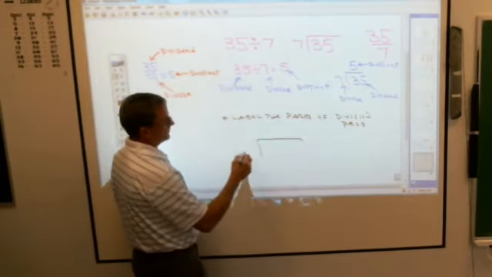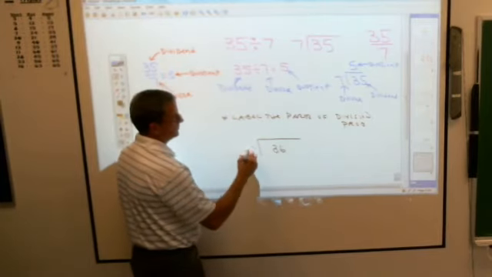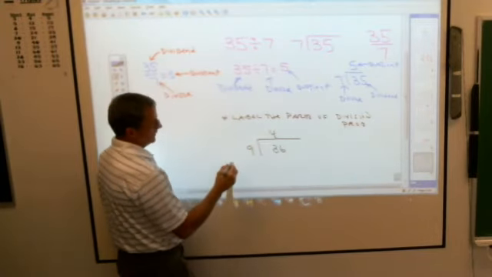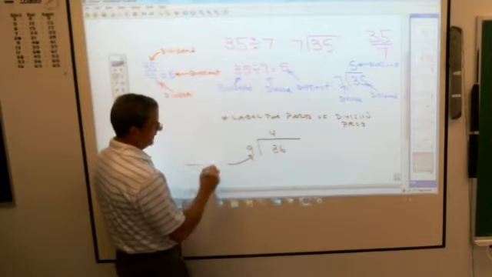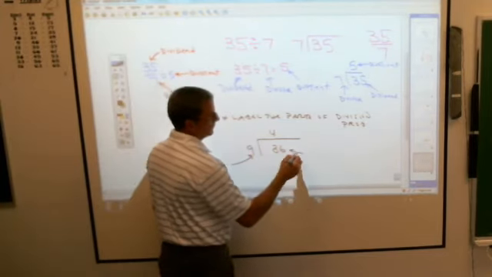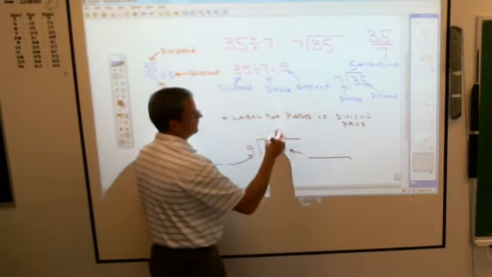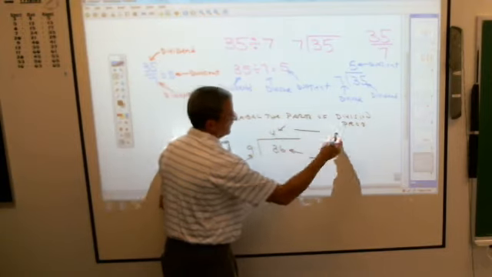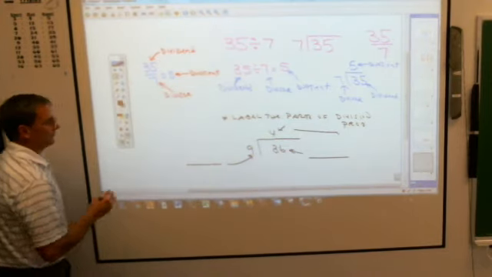This will be 36, and this will be 9, and this will be 4. I'll draw an arrow there, put a blank there, draw an arrow there, put a blank there, and you will have to fill in those parts.